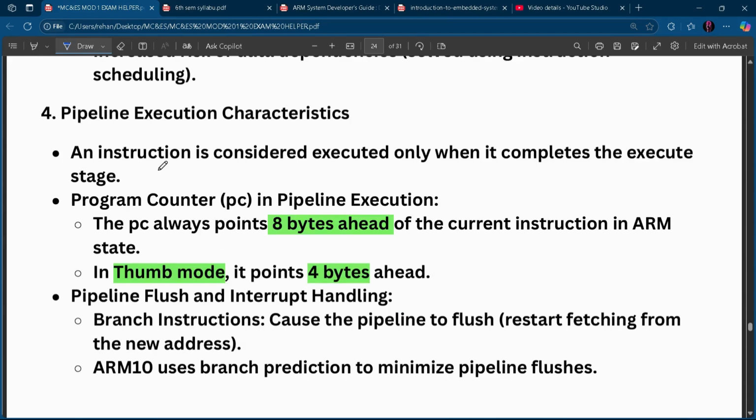Characteristics of pipeline execution: an instruction is considered executed only when it completes the execution stage. Unless and until it reaches and finishes the execution stage, it won't be marked as completed.